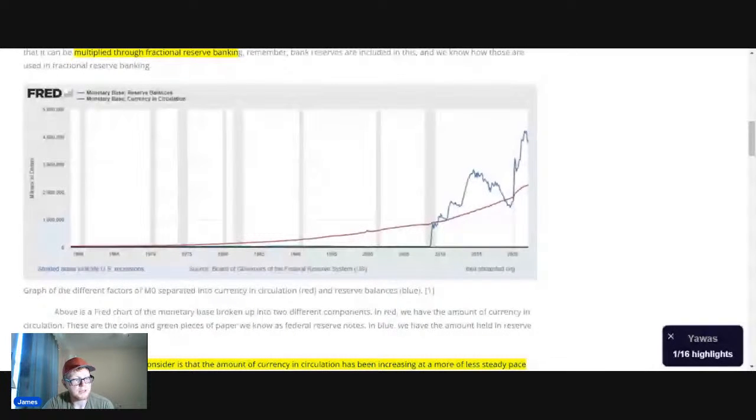We are currently in what they call an ample reserves regime, which they define as having enough reserves that any significant fluctuation in the amount of bank reserves in the system will not have an effect on short-term interest rates.